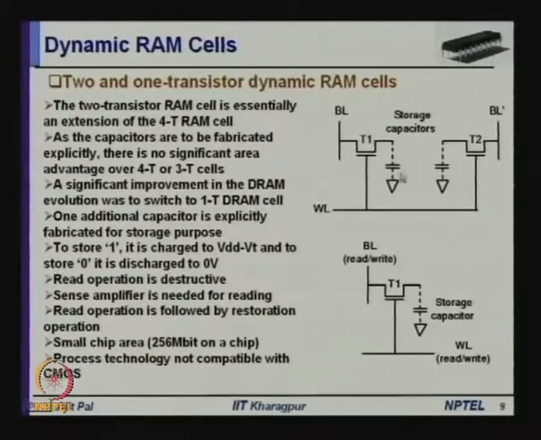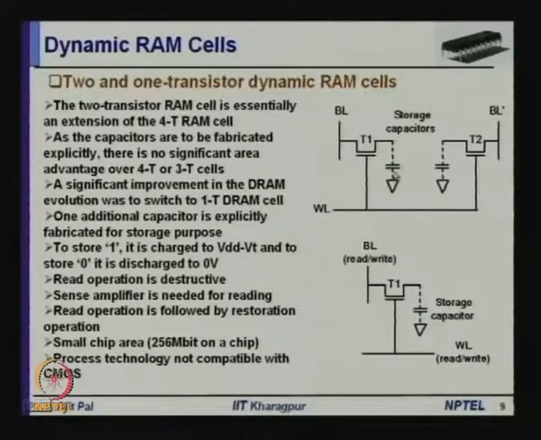Then the question arises, where do you get these storage capacitors from? Unfortunately, in this case the information is not stored in parasitic capacitors. You have to fabricate these capacitors explicitly. How can you fabricate them?